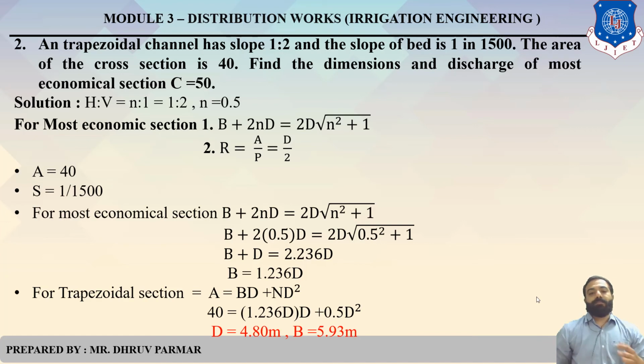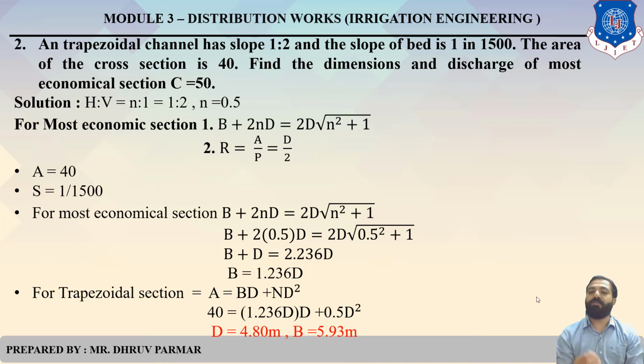Clear? There are two methods. In the first condition, B plus 2nD equals 2D under root n² plus 1, you put in the particular value of n, which is 0.5. So we get the relation B equals 1.236D.